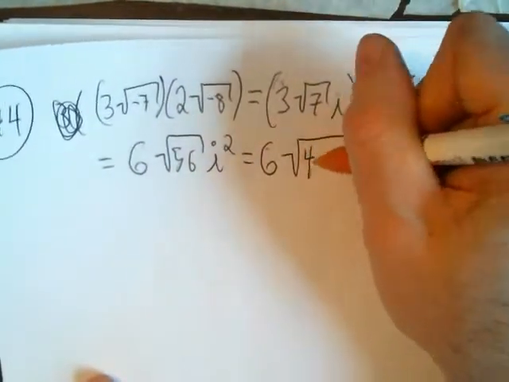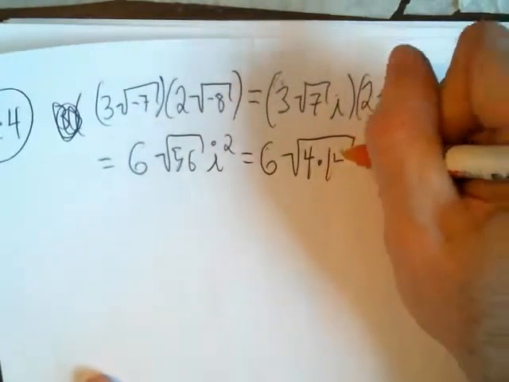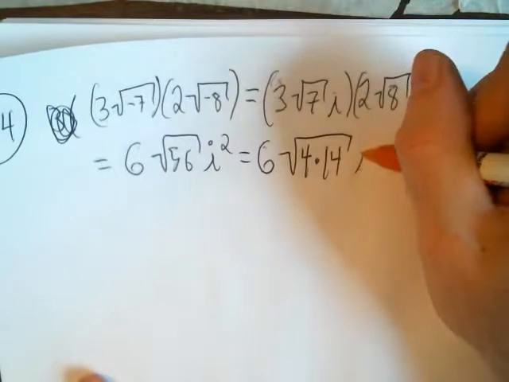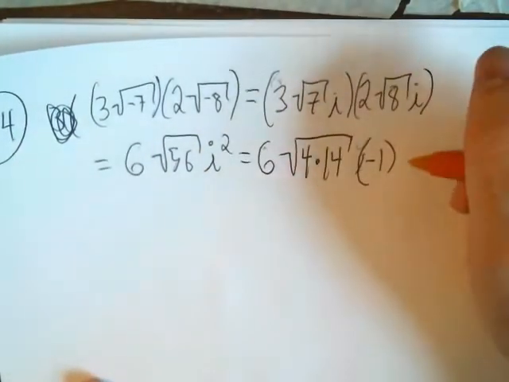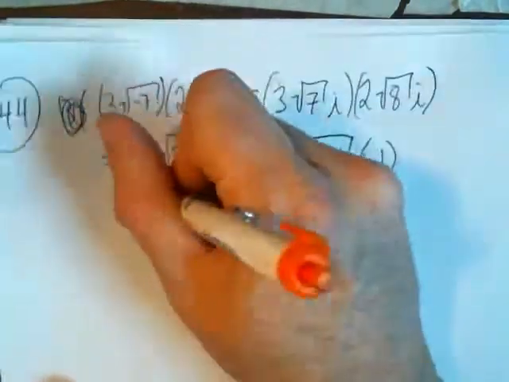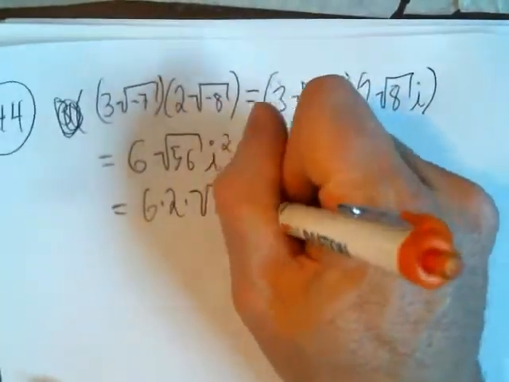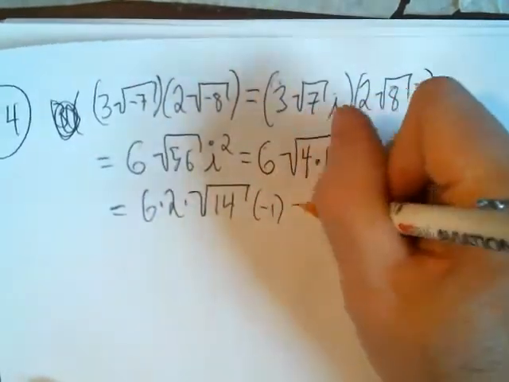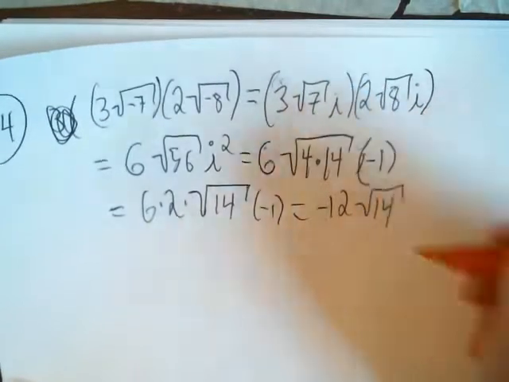So you can rewrite that as 4 times 14, and then i squared is just negative 1. March out the 4, so you get 6 times 2 times the radical 14 times the negative 1, and then multiply it out. It's negative 12 radical 14.